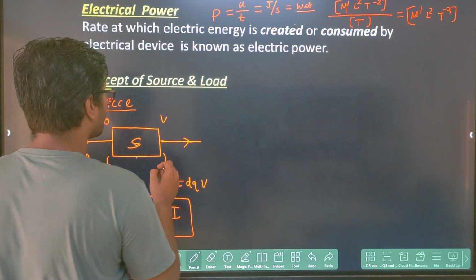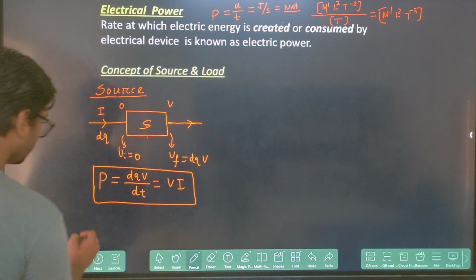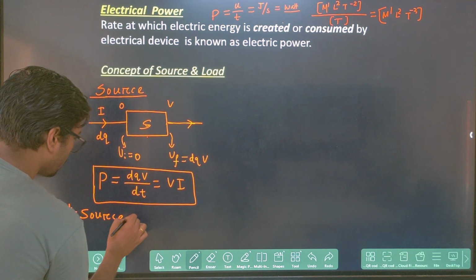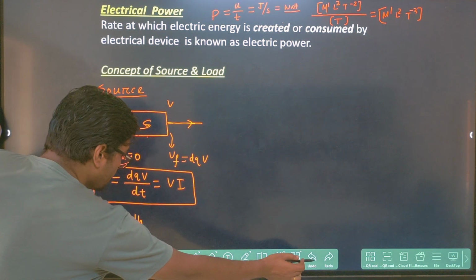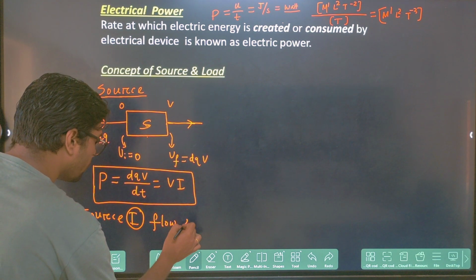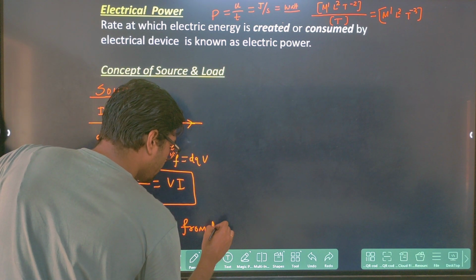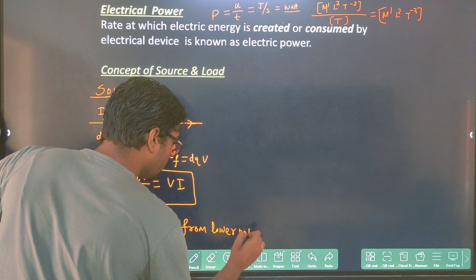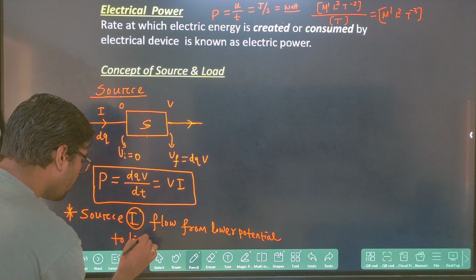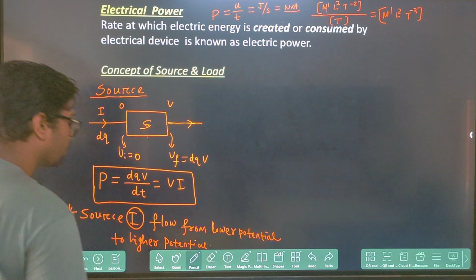And one more thing, for the source, you remember, for the source, the current flows from lower potential to higher potential, right?